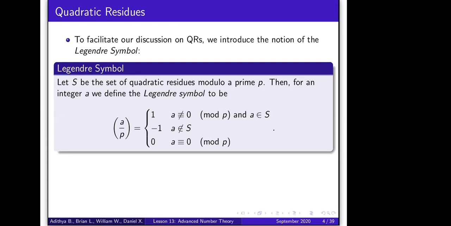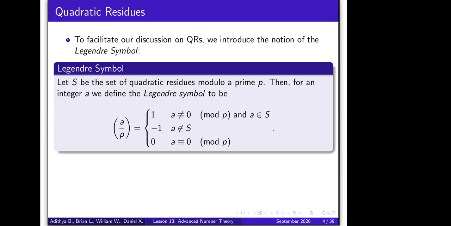We define (a/p) to be 1 if a is not 0 mod p and a is a quadratic residue, 0 if a is 0 mod p, and -1 if it's a non-residue. From what we had before, this means that (a/p) is 1 (p-1)/2 of the time, -1 (p-1)/2 of the time, and 0 only once, exactly when a is 0.